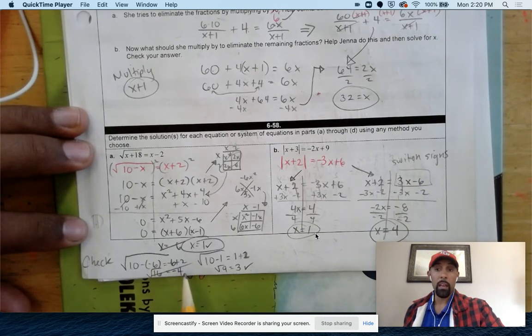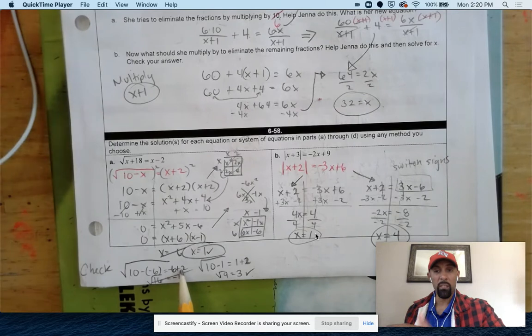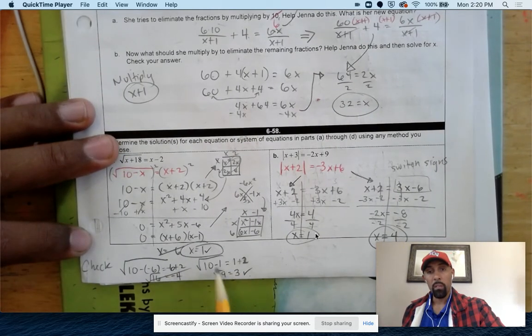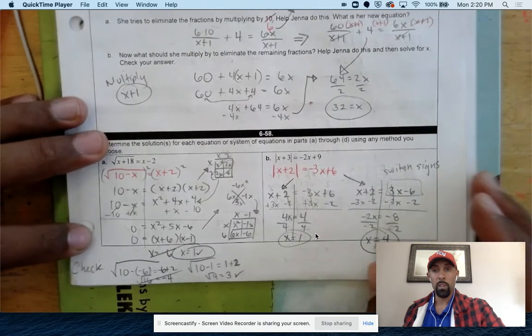And I can't have a negative, and the square root of 16 is positive 4, not negative 4. So when you're checking the solutions, you only account for the positive. It's not like positive and negative like the other ones. But when I plug in the 1, it did work, and I get a good solution. So my only answer is x equals 1.